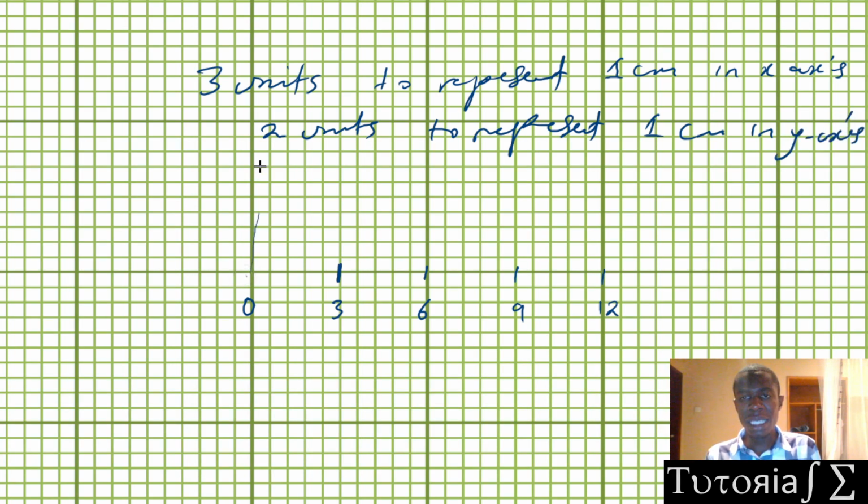This is the y-axis. So maybe you count from there. You only have one 0, you put it there, 0. That is halfway here. That would be 2 units. Up to there, that would be 4, and so on and so forth. So that's basically how you use the graph paper to interpret information.